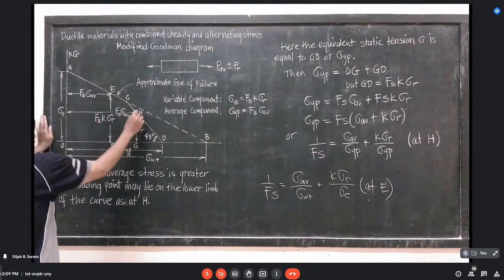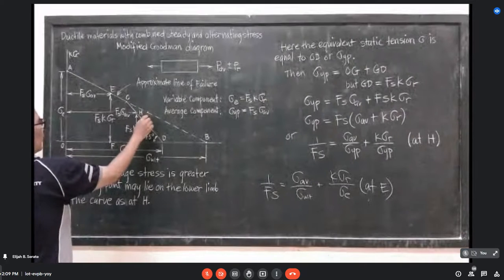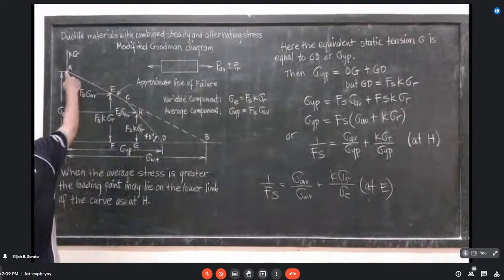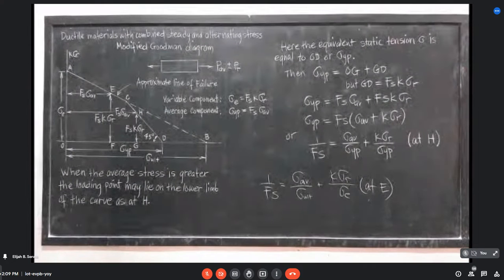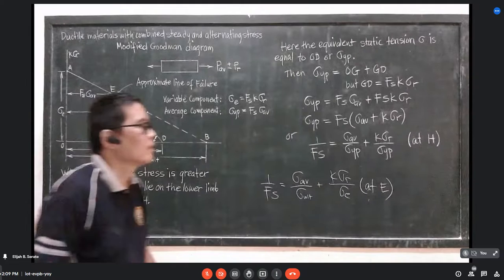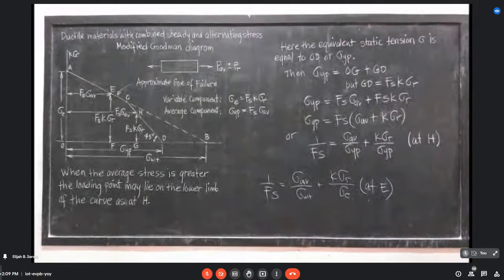When you are on this line, we use factor of safety times average. Is it not understandable? Understood, sir.